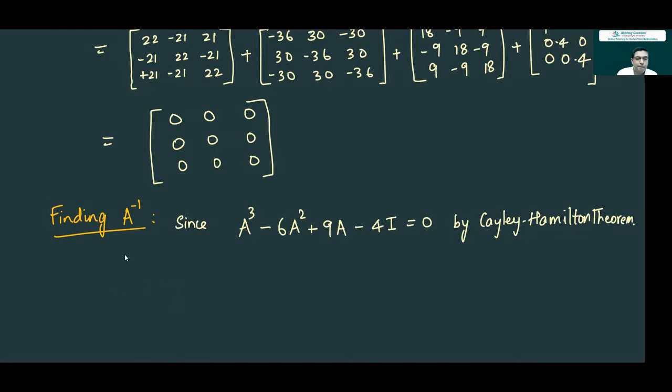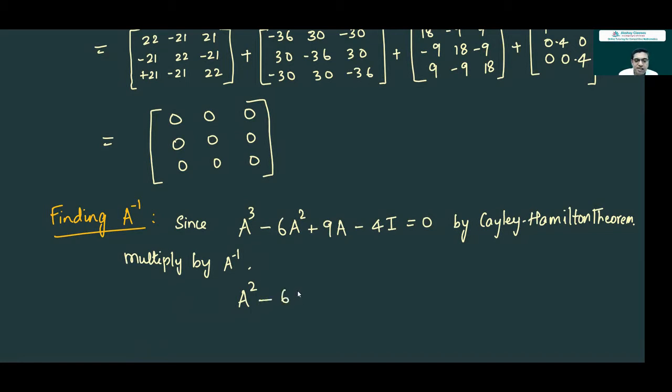What we do is multiply by A inverse throughout. When you multiply with A inverse throughout, what happens? A inverse into A cube becomes A square, because A inverse into A is I, times A square will be A square.